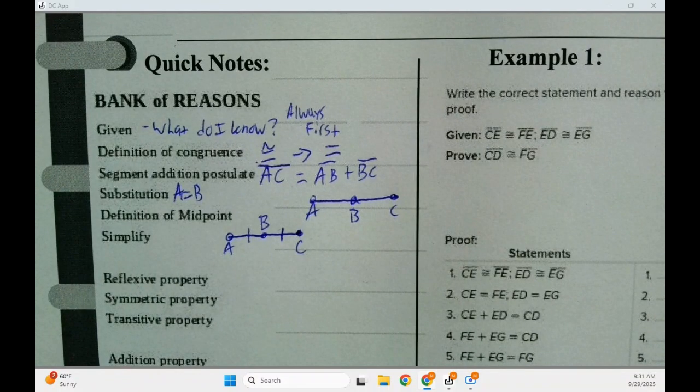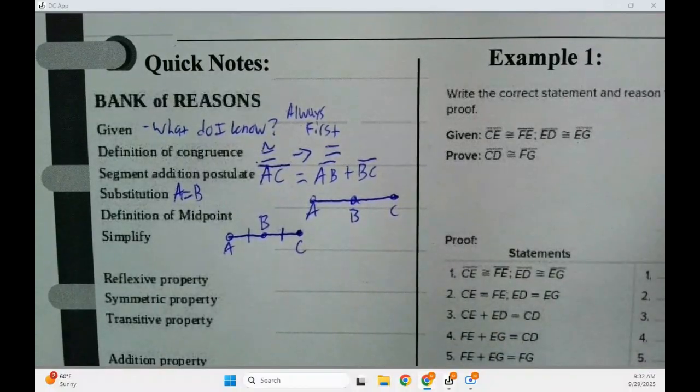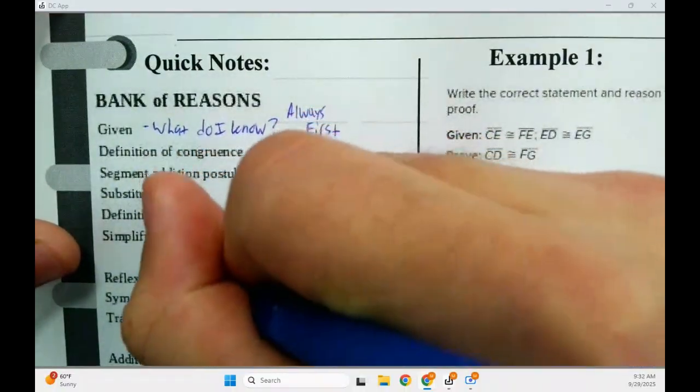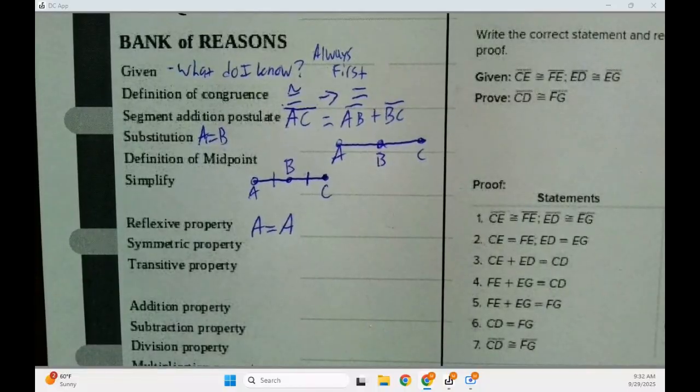So, here's what I'm getting at with all of this. Hopefully that visual demonstration shows us something useful. The reflexive property. Mirrors are reflective. They reflect things. And so the reflexive property says this: A equals A. If I look in the mirror, I see myself, right?